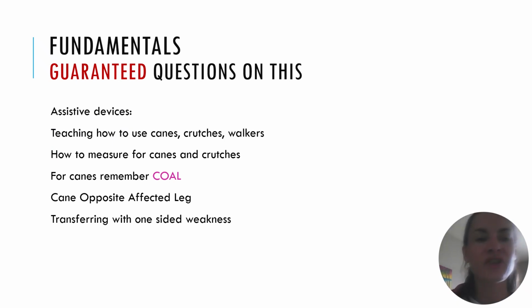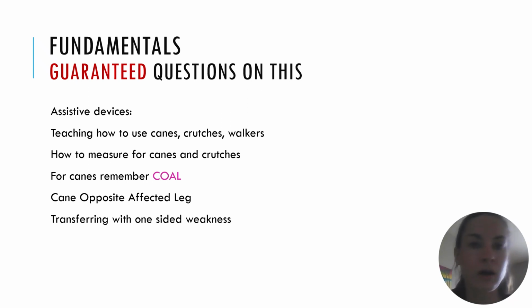So for fundamentals, I think it's under safety. No, assistive devices for ambulation. She said she can guarantee questions on this topic. You'll get questions on the NCLEX about assistive devices, like teaching your patients how to use canes, crutches, walkers, and that's it.